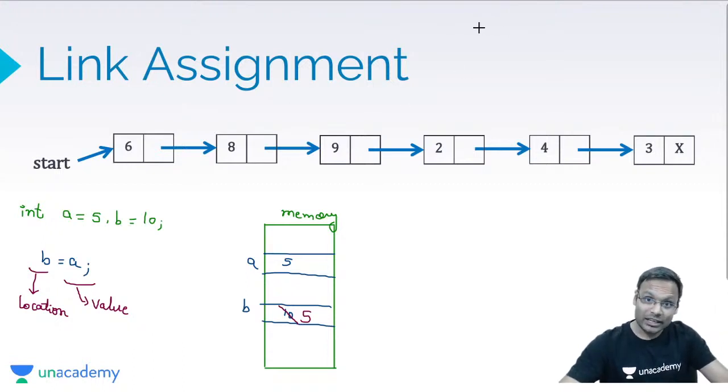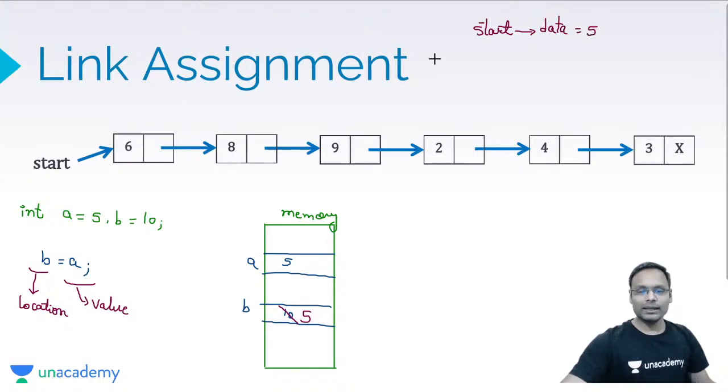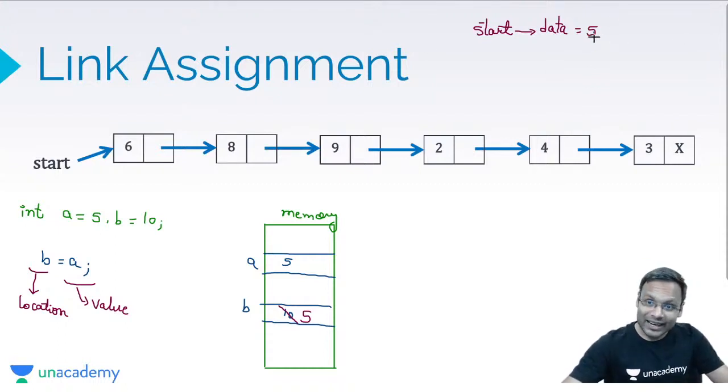Now look at this. If I am saying this, can you tell me what does it mean? From right side I am giving you a constant value 5.